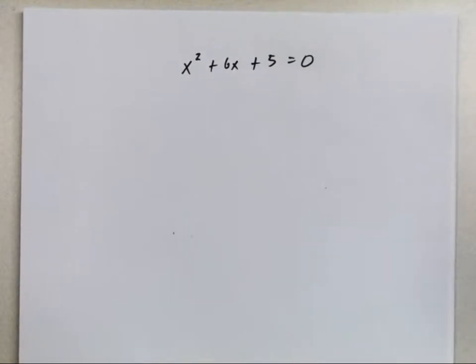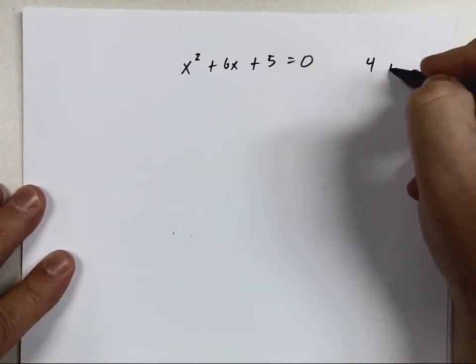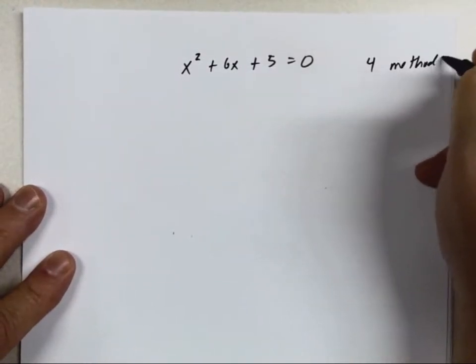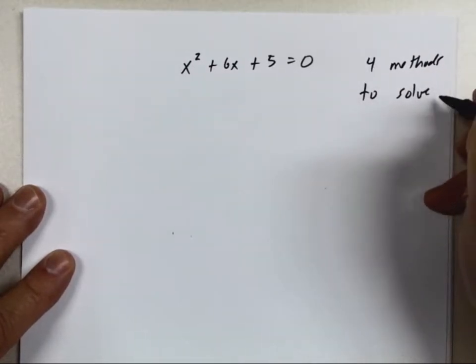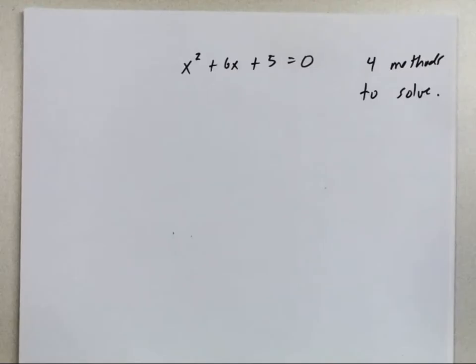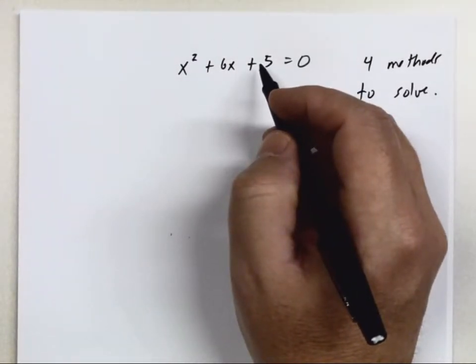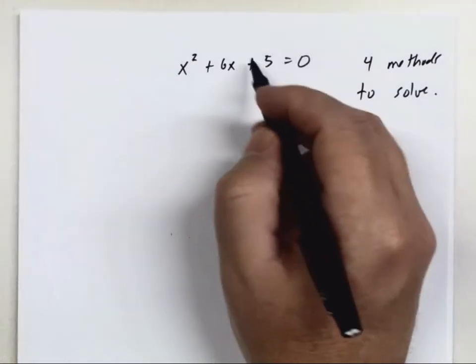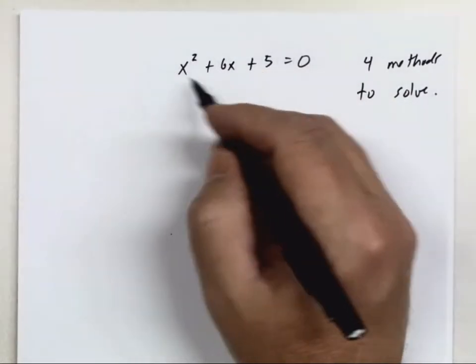there are actually, when I talk about this, in my mind, 4 different ways that people will go about solving a quadratic equation. Now what's interesting is the method we use to solve a linear equation does not work with a quadratic equation.